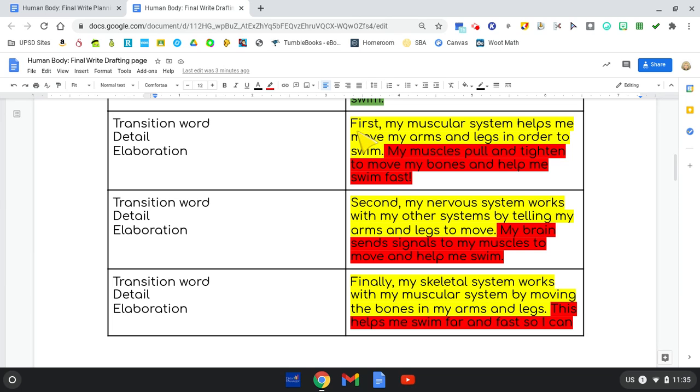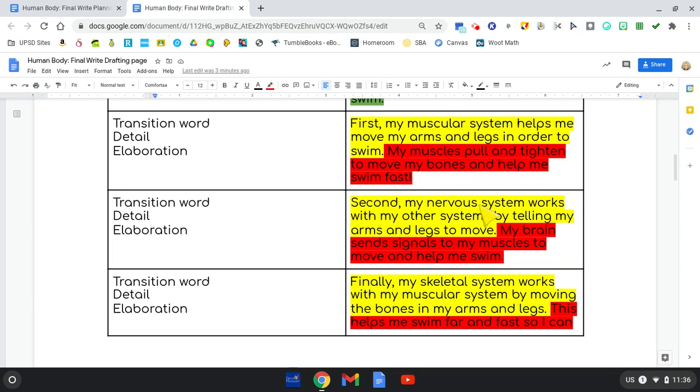Notice we have transition words. I see first, second, finally in this case. They just kind of help move us from one idea to the next. So let's read the body part together. First, my muscular system helps me move my arms and legs in order to swim. My muscles pull and tighten to move my bones and help me swim fast.